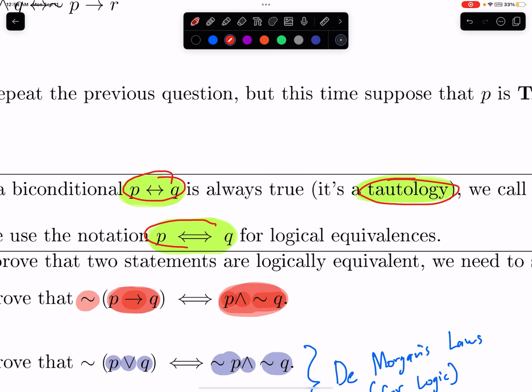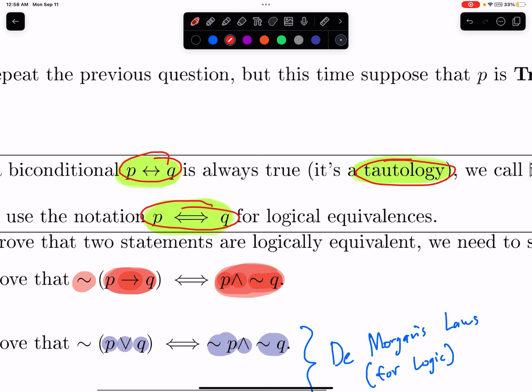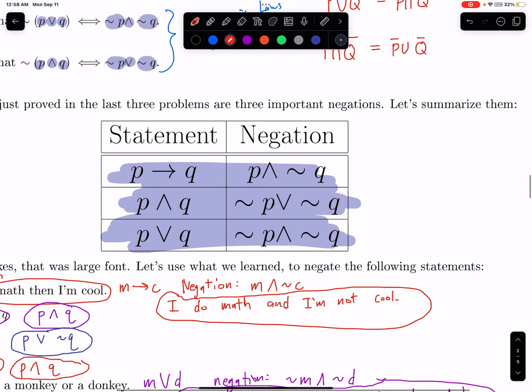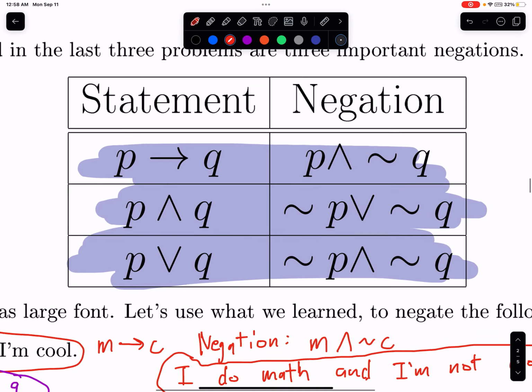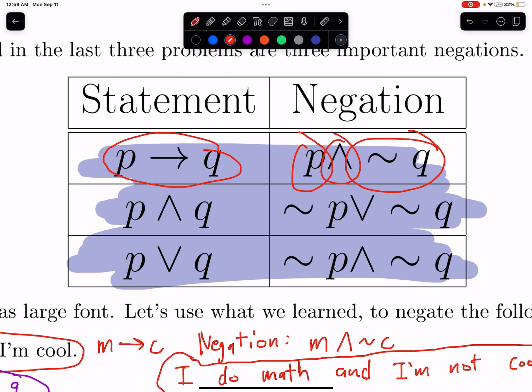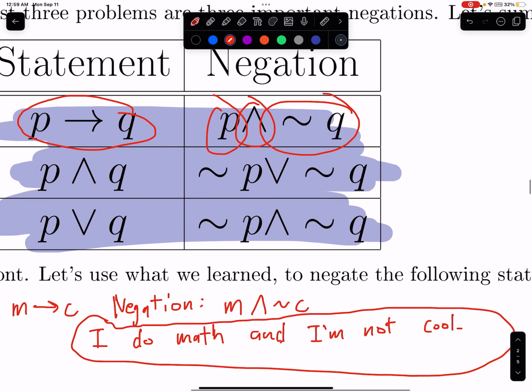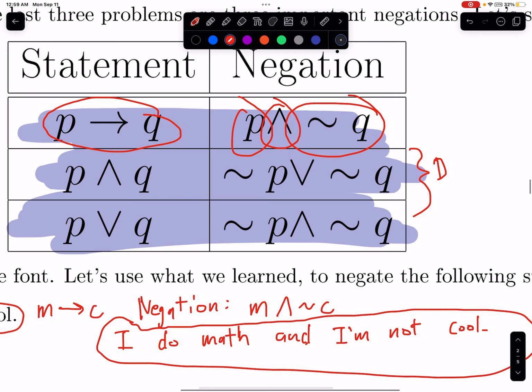We call it a logical equivalence. And lastly, we showed that there's 3 standard negations. If I start off with an if-then, the pattern to negate is keep the left the same, switch to an and, change the right to its negation. And then I had the 2 other negations that come from what we call De Morgan's laws. And that's basically it.